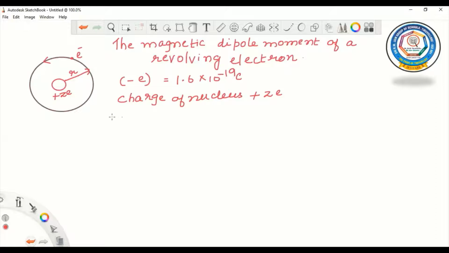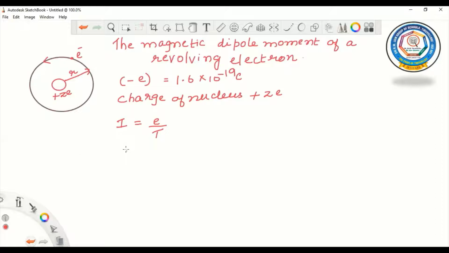This constitutes a current. We know the formula I is equal to charge by time, so we take e by T. What is this T here? T is the time period of revolution.